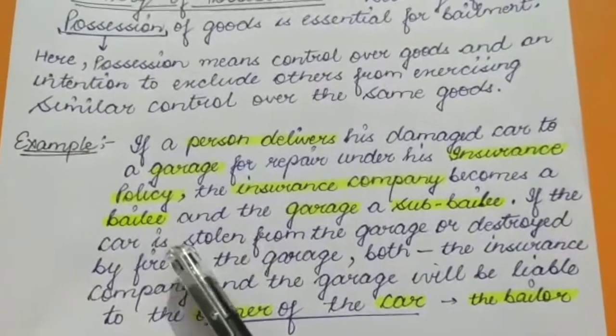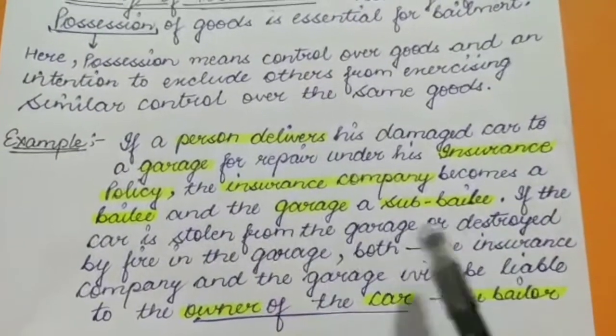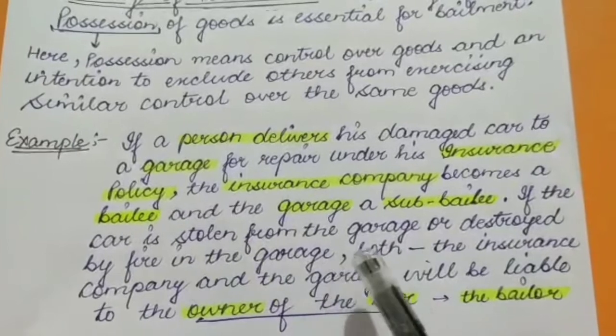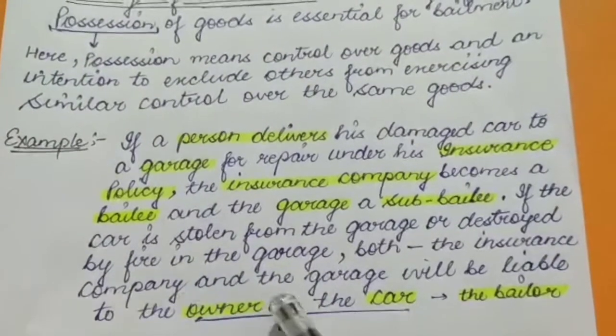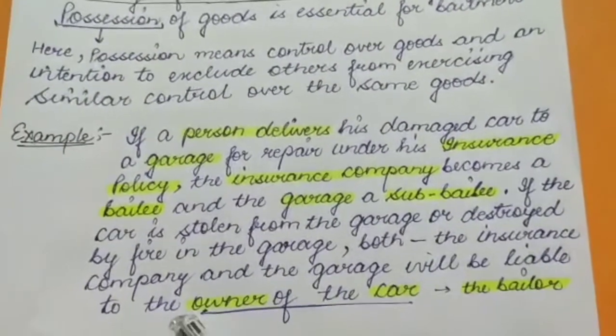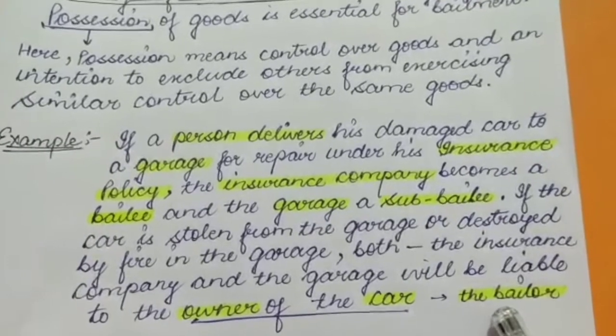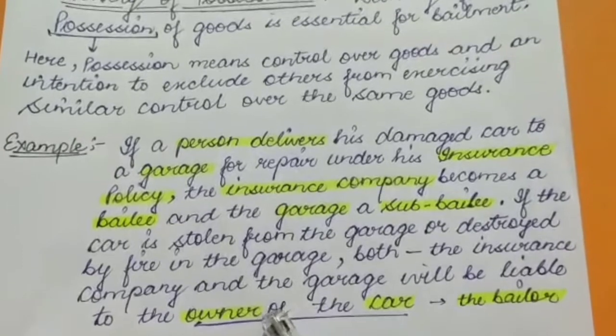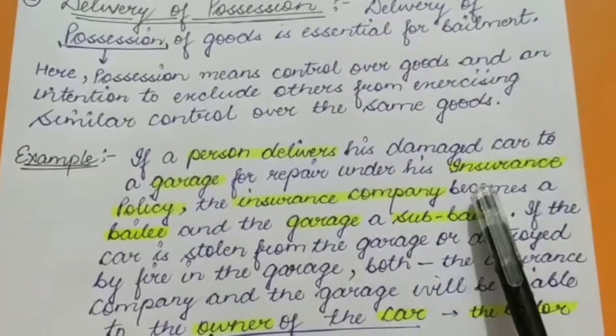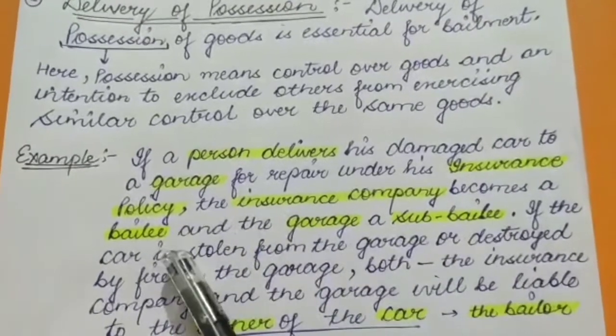If the car is stolen from the garage or destroyed by fire in the garage, both the insurance company and the garage will be liable to the owner of the car, who is the bailor.